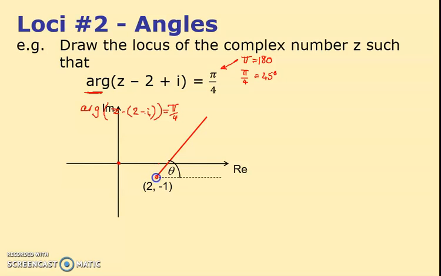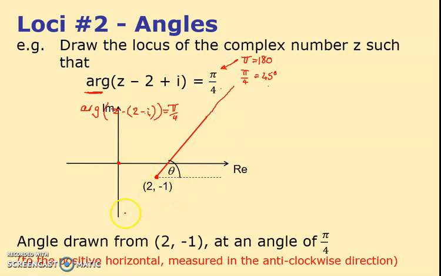And that's where my angle has started, because I know arguments are really angles. And it said pi by 4, which I know is 45 degrees, so I've drawn a 45 degree angle. This line actually carries on forever and ever, but eventually you get bored of drawing it. I've shown this then, it's an angle drawn from 2, minus 1, at an angle of pi by 4, to this horizontal line. And I like to draw this horizontal line as well to show it.